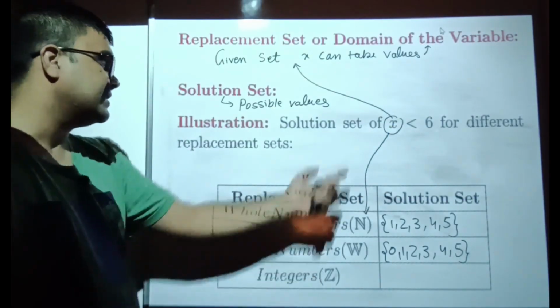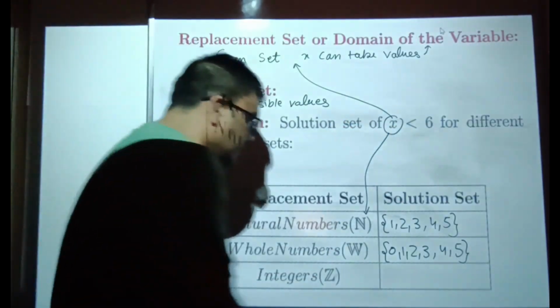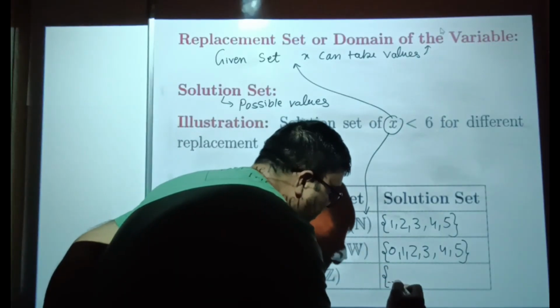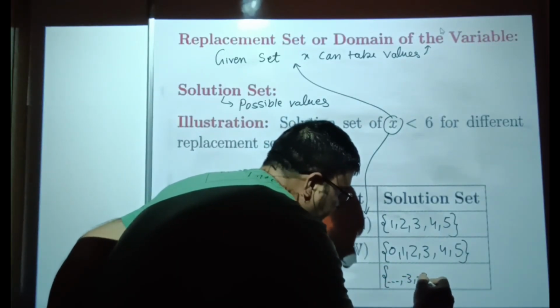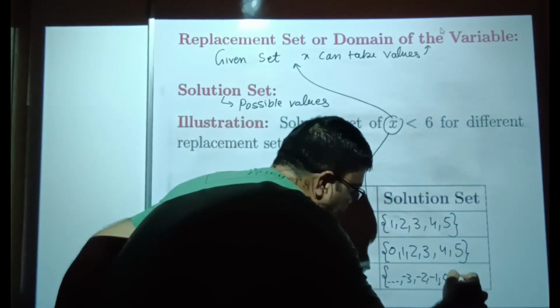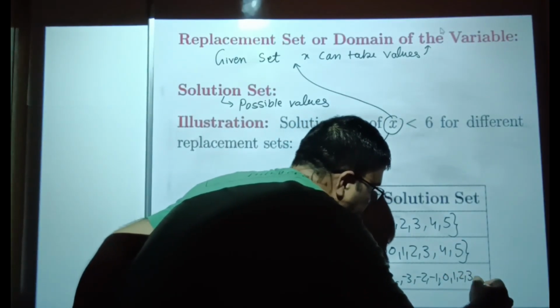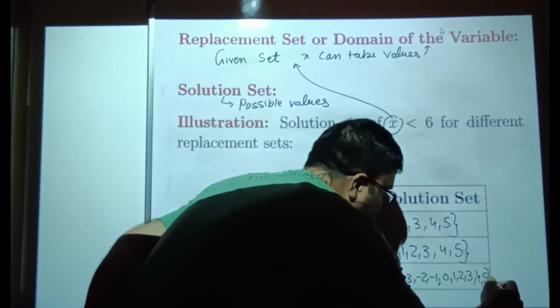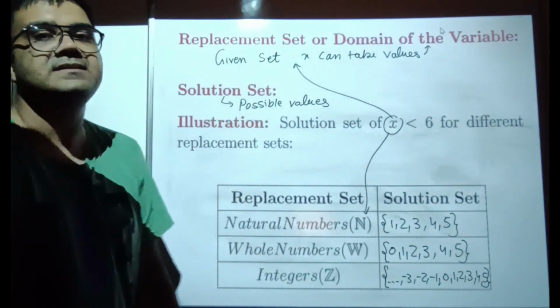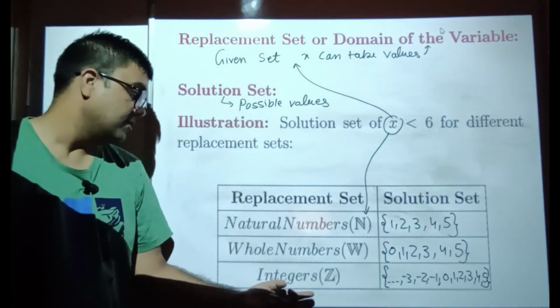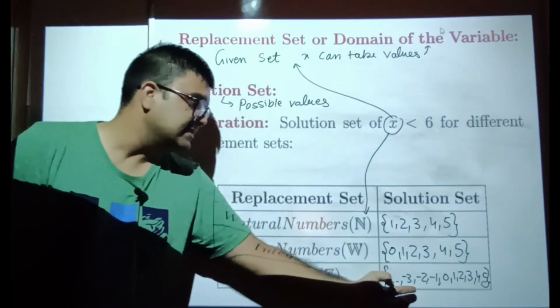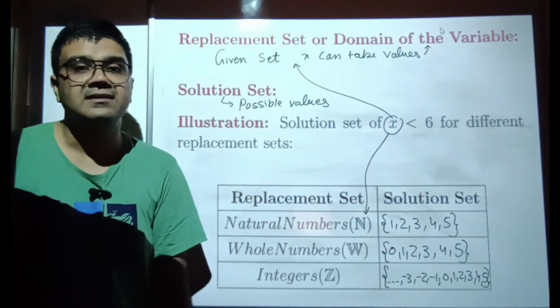The domain of x now is integers. The answer we will have is so on up to -3, -2, -1, 0, 1, 2, 3, 4 and 5. These are the integers which satisfy this inequality.